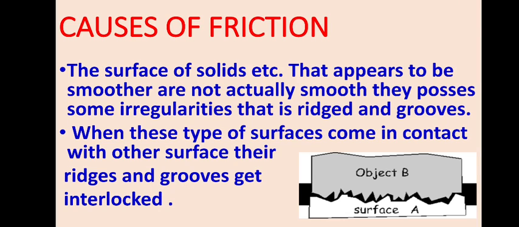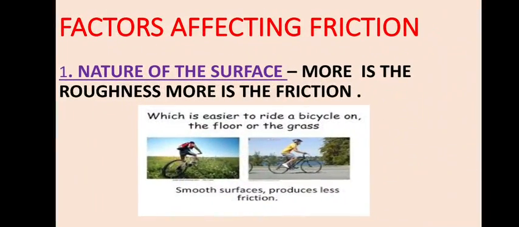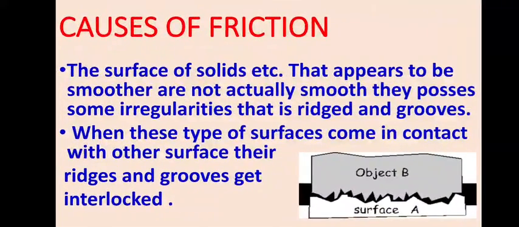When two objects are in contact, in this diagram you can see an object B is placed on the surface A. What happens here? These two objects are in contact and both the surfaces are touching each other.